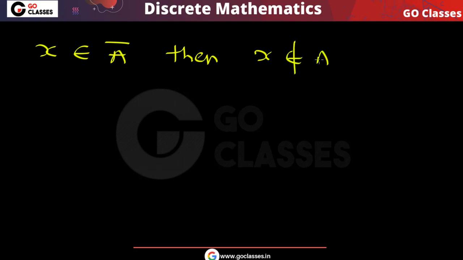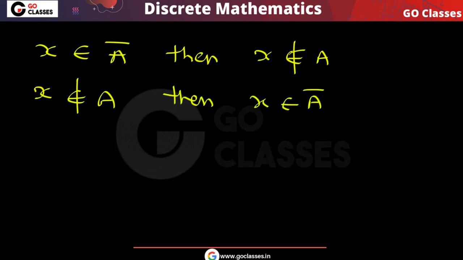We already know that if some element x belongs to A complement, then x does not belong to A. Similarly, if x does not belong to A, then x belongs to A complement. So this is the idea.